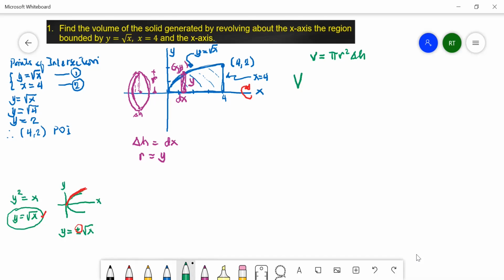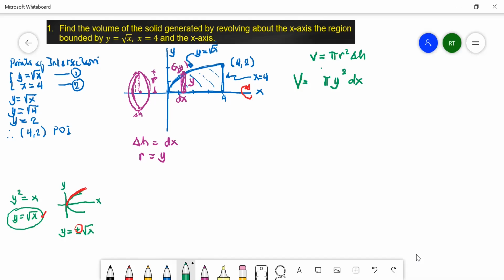So the volume is equal to pi, radius is equal to y, so we will have y squared. The thickness is the differential of x. This is actually the volume of the circular disc, whose radius is the length of the element and whose thickness is dx.